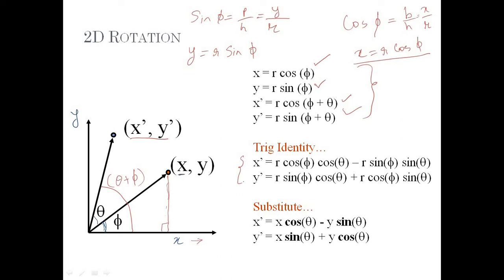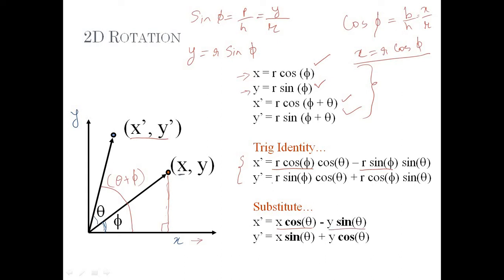When we substitute the value of r cos phi and the value of r sin phi, we have r cos phi equal to x, so we have x cos theta. r sin phi is equal to y, so now you get minus y sin theta.